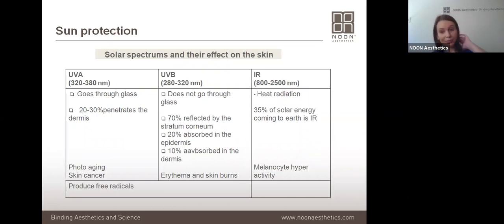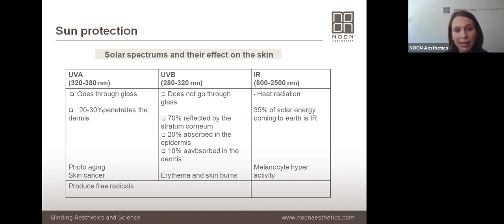Sun protection is very, very important here. It's crucial. So a few things about these rays. These are the main characters at this table. UVA can go through glass and it can cause photoaging and skin cancer.